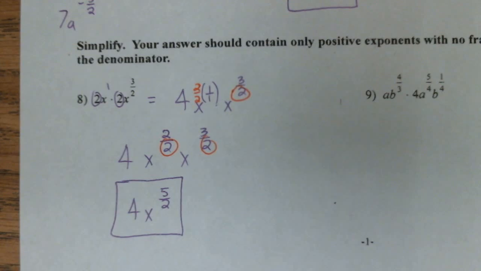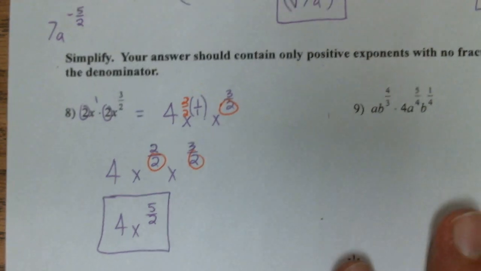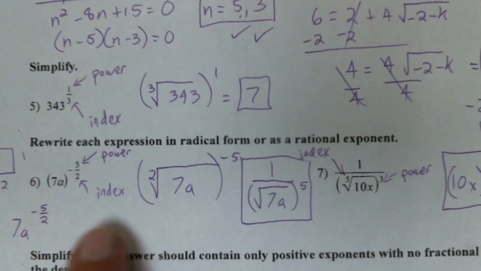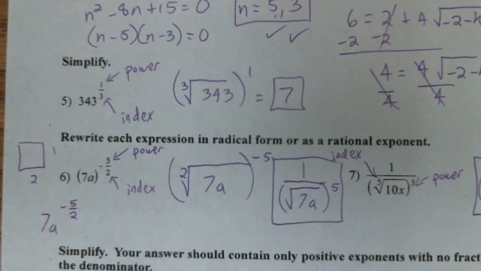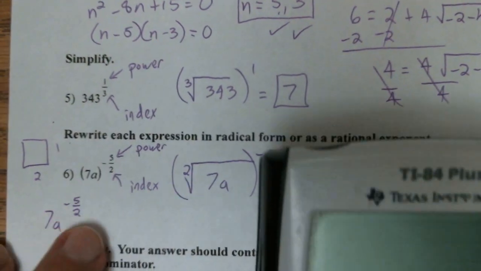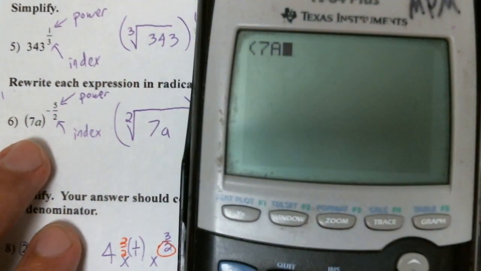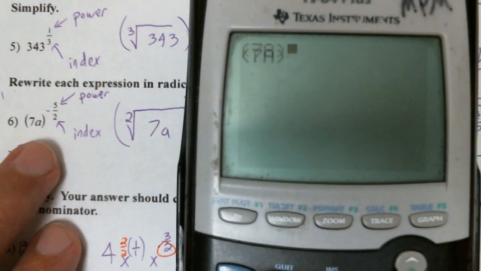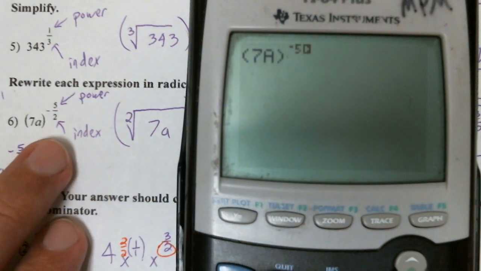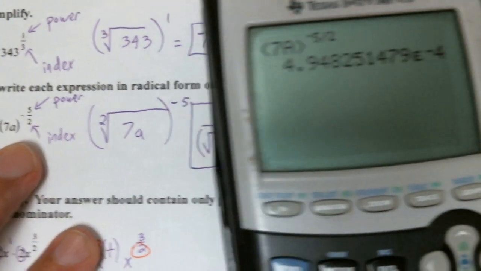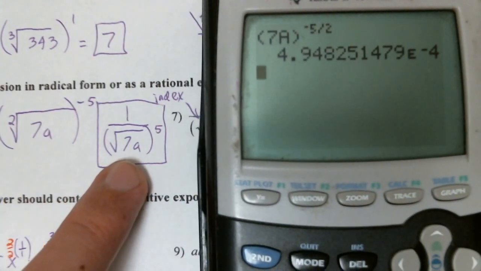Okay, by the way, can I check all these guys? Can I check these on my calculator? Absolutely you can. Let's go back up here and let's type this one in. Okay, so I'm starting with my original problem, parentheses 7a, parentheses raised to the negative 5 divided by 2. We think that's the same thing as 1 over the square root of 7a all to the 5th power.